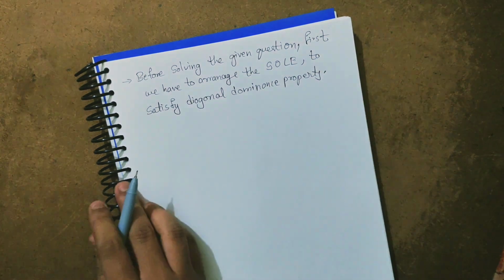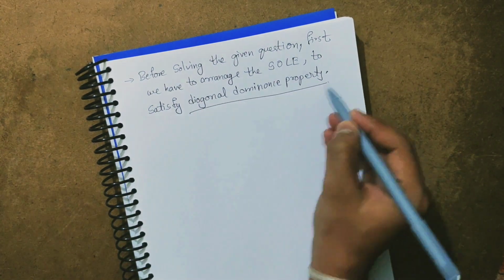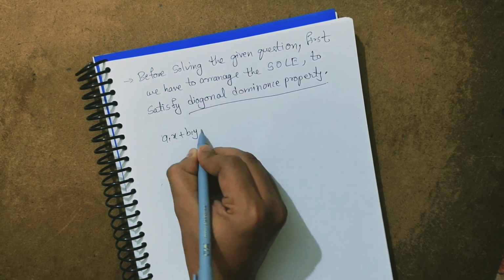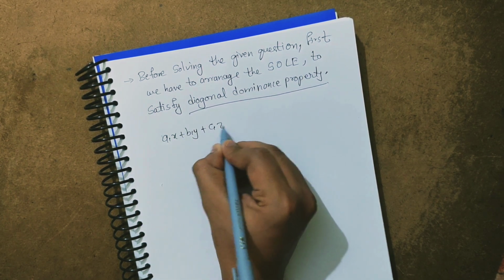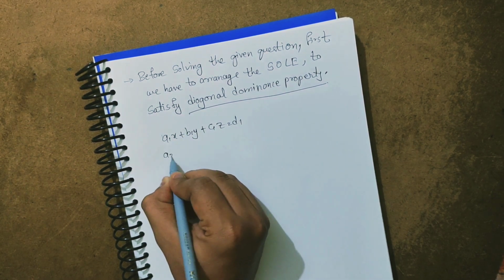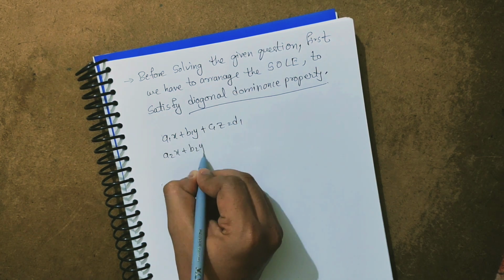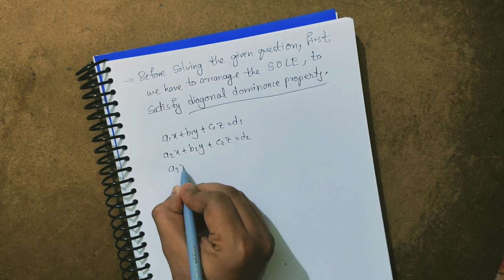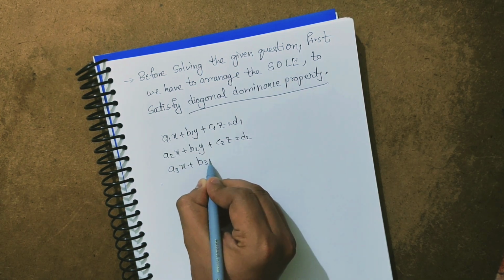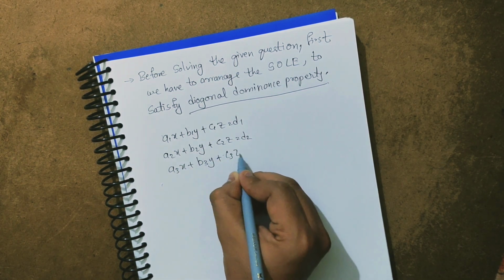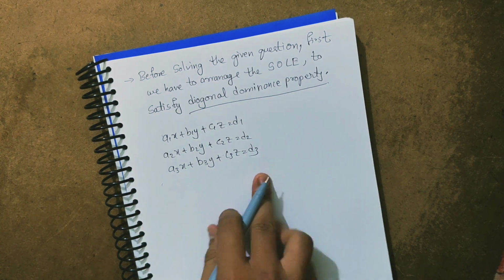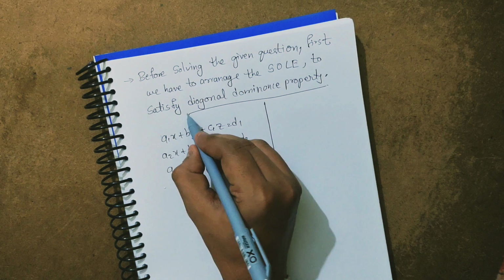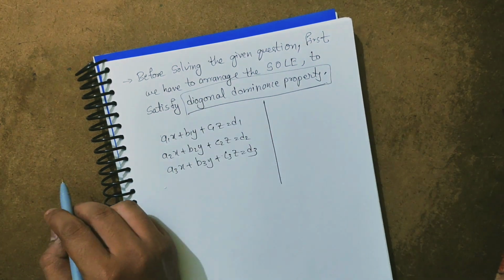Okay, what is this diagonal dominance property? See, let's say we have a1x plus b1y plus c1z equal to d1. In the next equation, a2x plus b2y plus c2z equal to d2. Next, a3x plus b3y plus c3z equal to d3. Okay, this is our system of linear equations. In this, what do we have to follow to satisfy the diagonal dominance property?